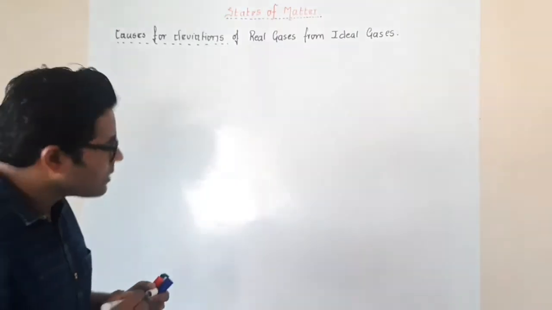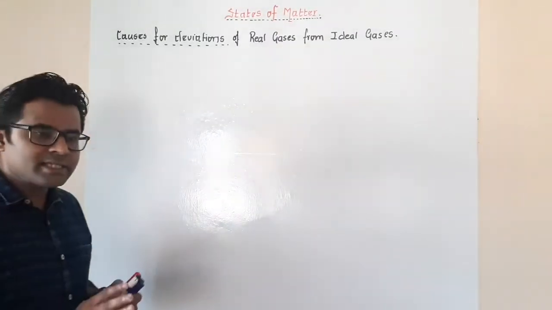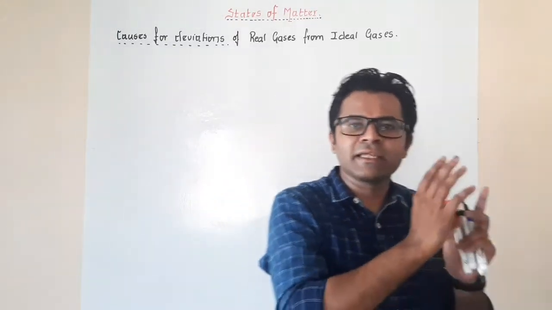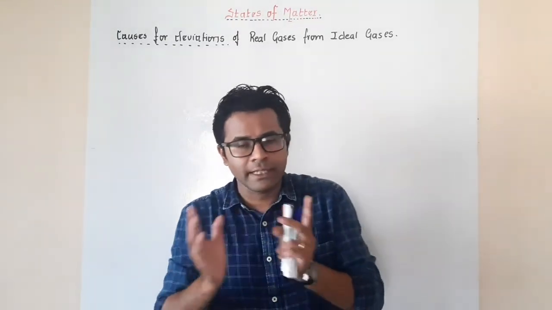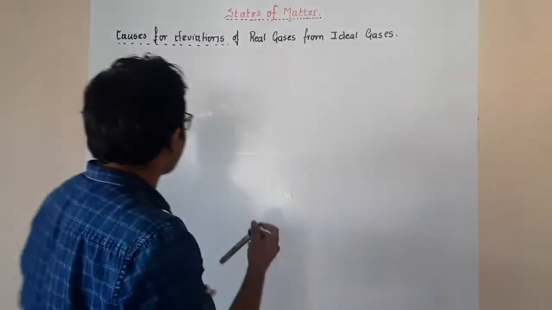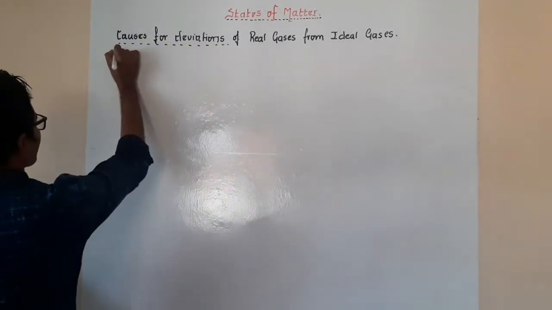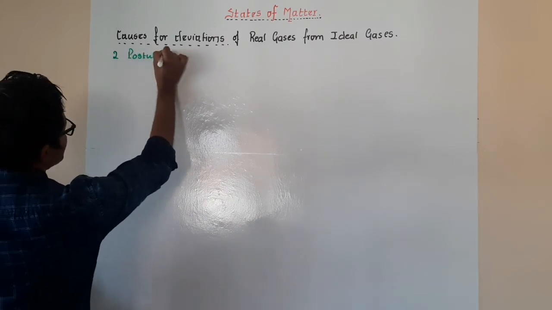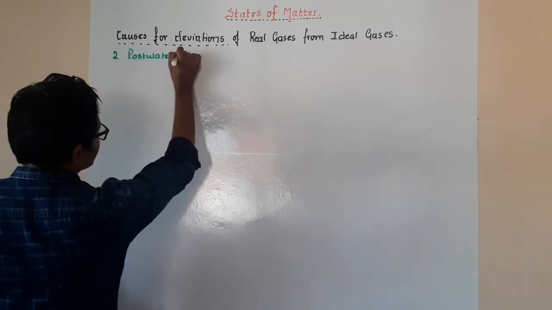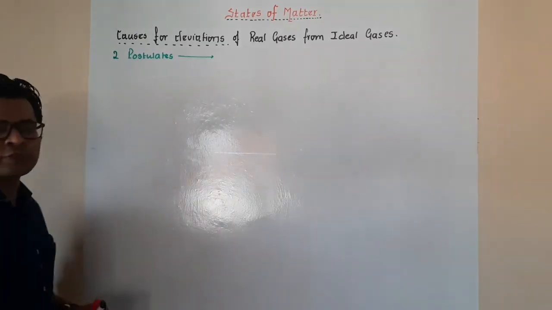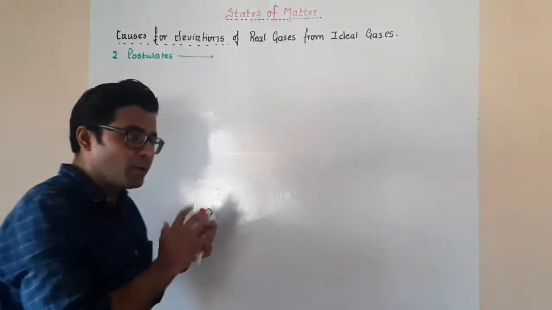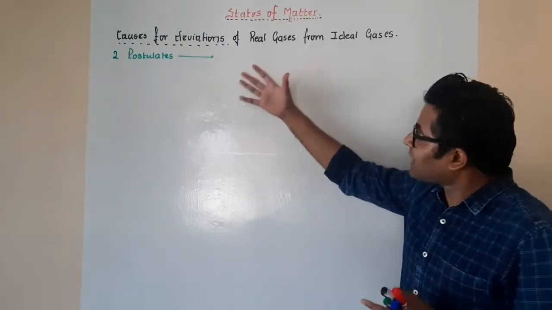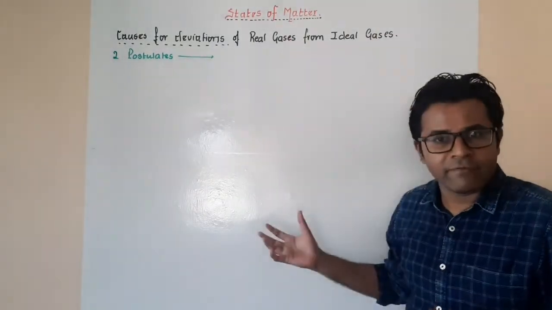According to Van der Waals, there are two postulates in the kinetic theory of gases which are not correct, and which are responsible for these deviations. If we correct these postulates, even the real gases will tend to show ideal behavior.